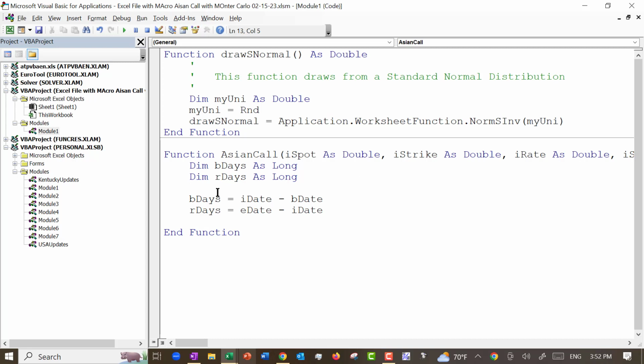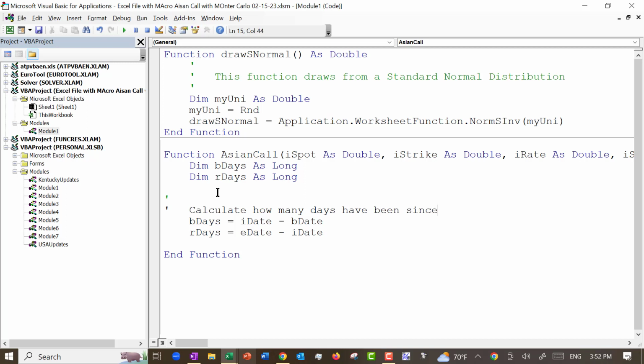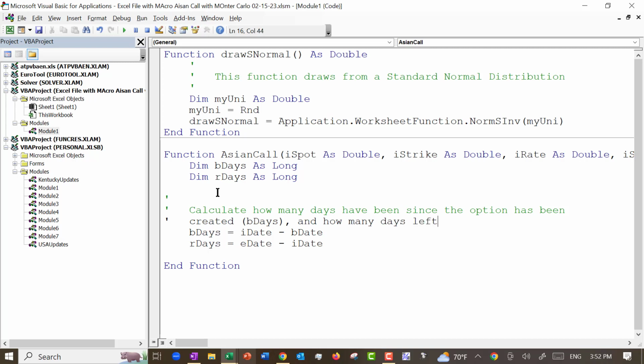So let's calculate how many days have been since the option has been created, which is B days, and how many days left until expiration, which is R days. Okay.